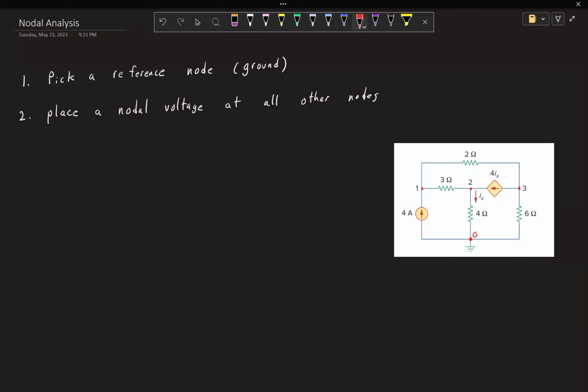So literally all we're going to do is define V1, V2, and V3 at those nodes. And normally they'll just give you V1, V2, V3. So you don't really have to do anything for this step most of the time. And nodal voltage just represents the voltage with respect to the reference node.